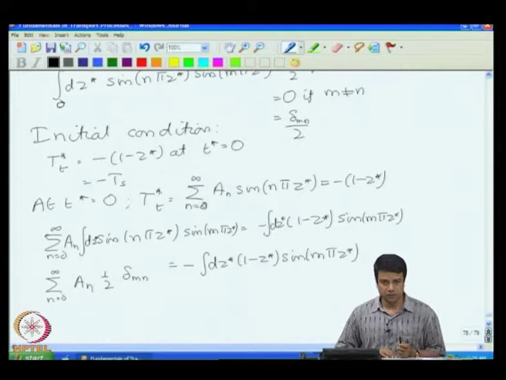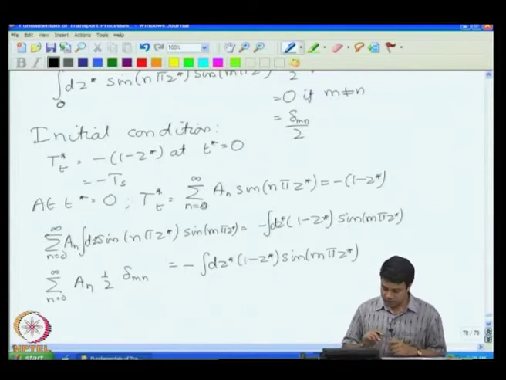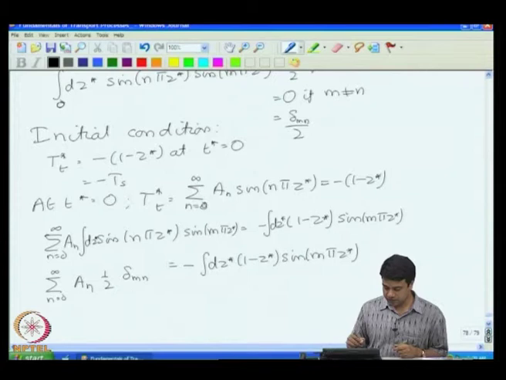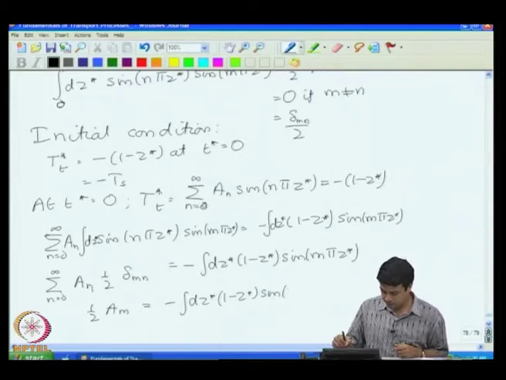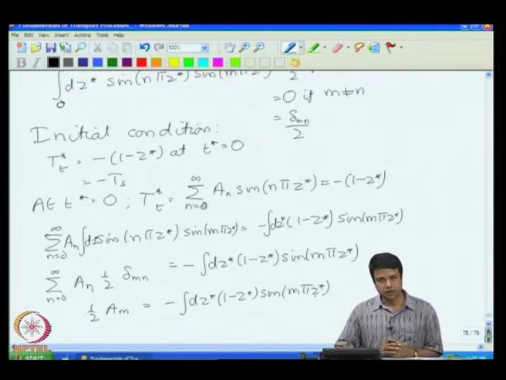If m is equal to 2, then the only term on the left hand side I will get is a 2 divided by 2. Since it is non-zero only when n is equal to m, this summation can effectively be written as half a m.